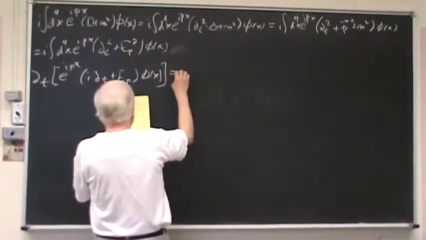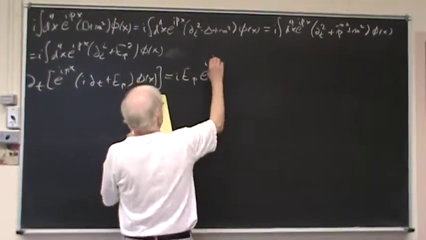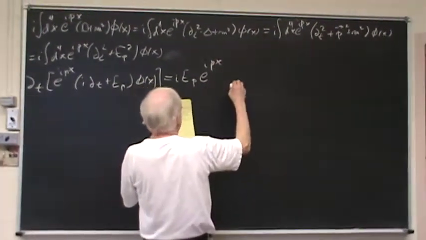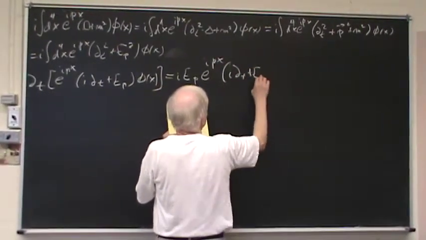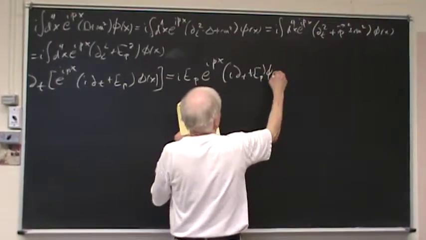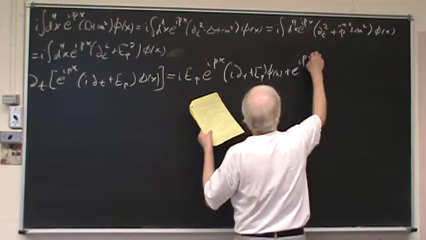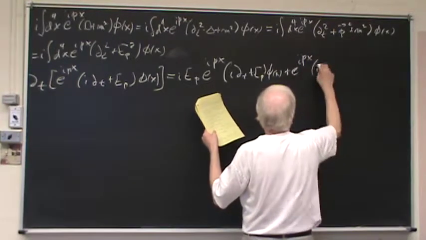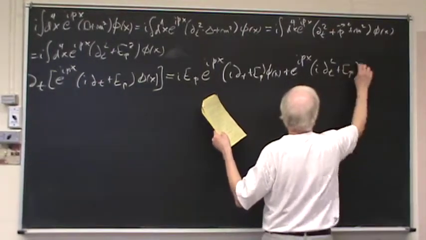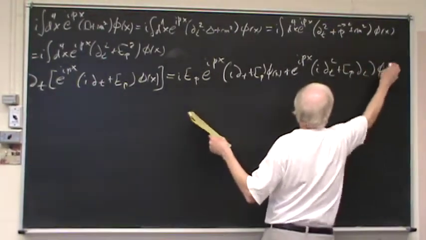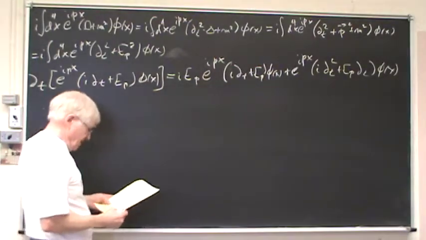And so this gives us I ep, e to the I px, times I d by dt plus ep phi of x, plus e to the I px, I d by dt squared plus ep d by dt phi of x. So those are the two things that happen.